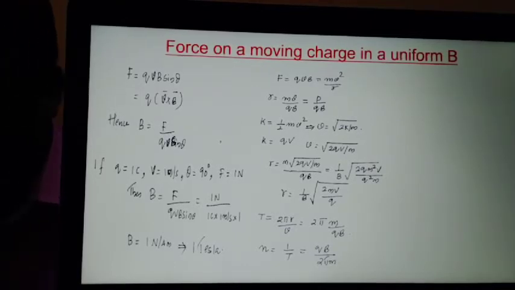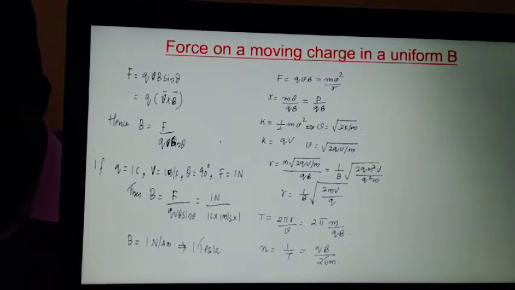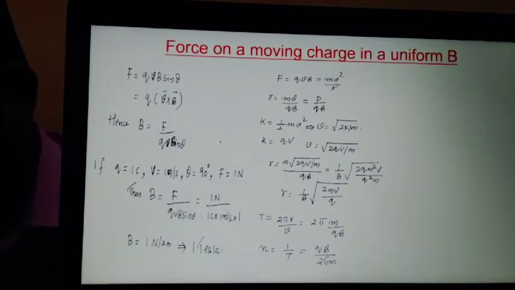So there are some limitations for this cyclotron. One is, it cannot be used to accelerate particles to velocities comparable to the velocity of light.